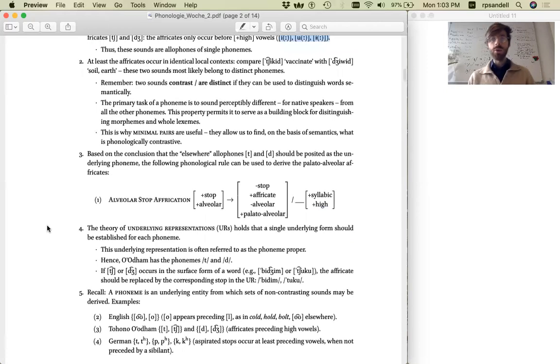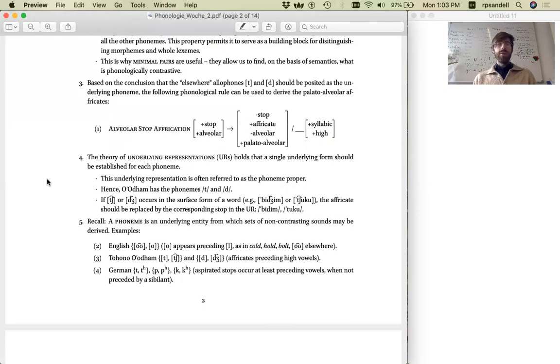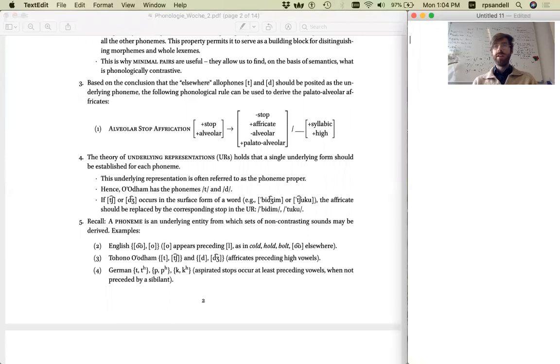So here what was important is that we operated with a theory of underlying representations, which holds that a single underlying form ought to be established for each phoneme. So when we find sounds that stand in a complementary distribution to one another, then we want to try to decide what the common representation underlyingly is for that sound.